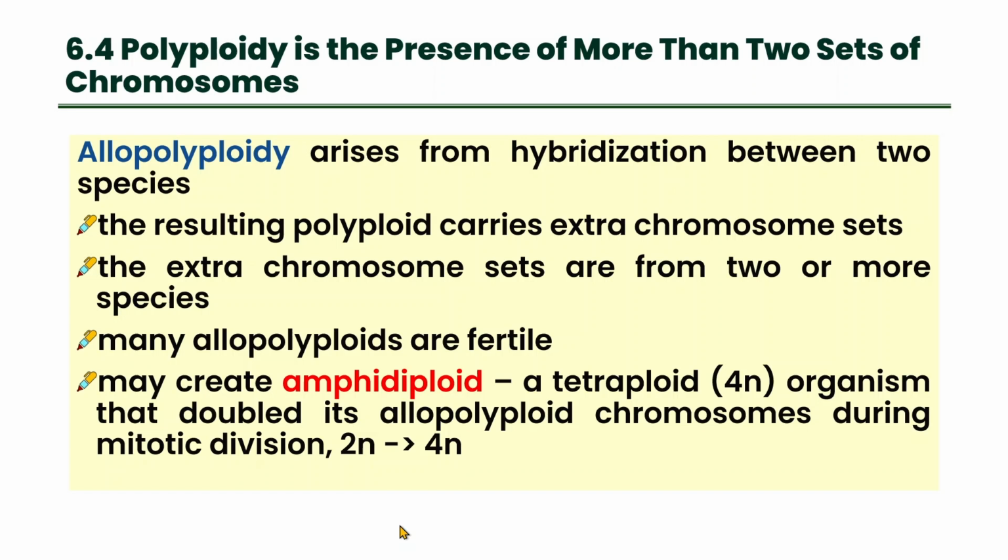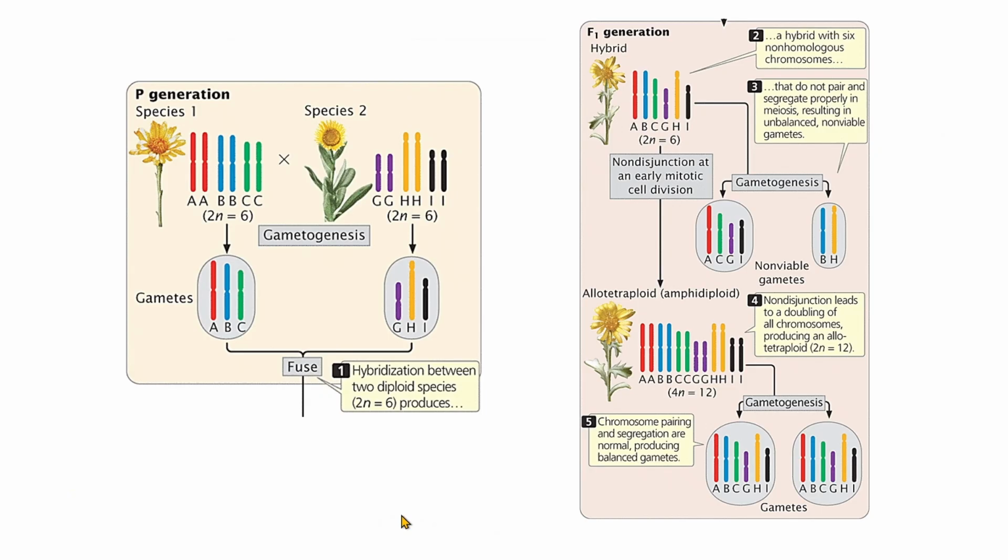Interestingly, many allopolyploids are fertile. In some cases, hybrid chromosomes double during mitosis, producing what's known as an amphidiploid. This is just a tetraploid organism that restores proper pairing during meiosis. In short, allopolyploidy is an important mechanism for speciation and evolution, especially in plants.